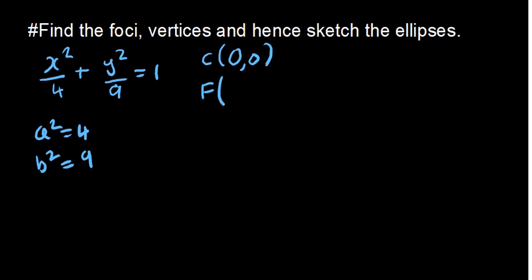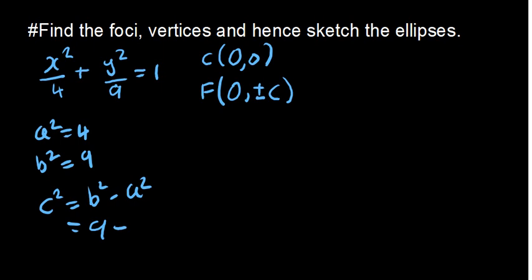Okay, so here we are simply going to say our foci is going to be 0 comma positive or negative C, and we are supposed to get our C from our A and B. So to get our C, we're going to say our C squared is equal to B squared minus A squared. So here, our B squared is 9, minus our A squared, which is 4, giving us 5.